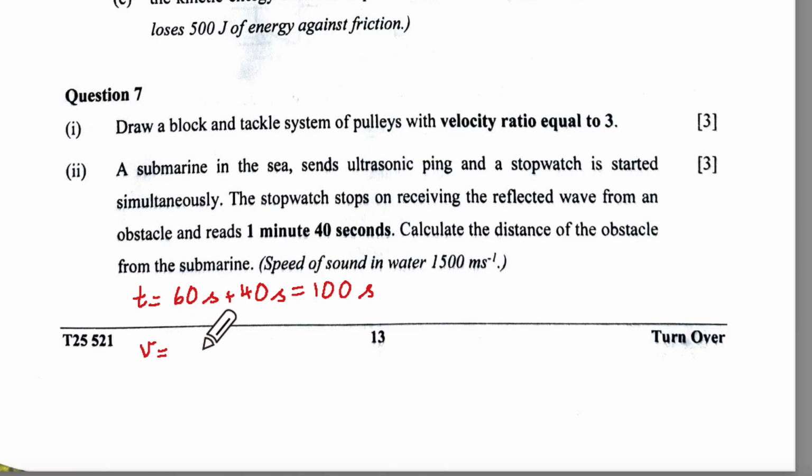Here we will use the formula for echo. Total distance will be d one way and d in the return path, so that is 2d upon t. And so your distance will be equal to v into t upon 2. Velocity in water is given as 1500.